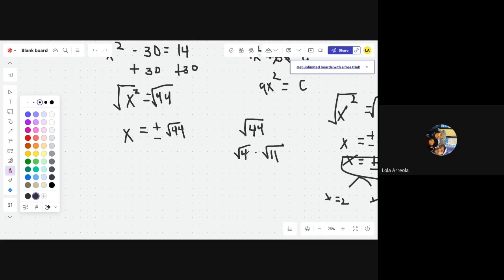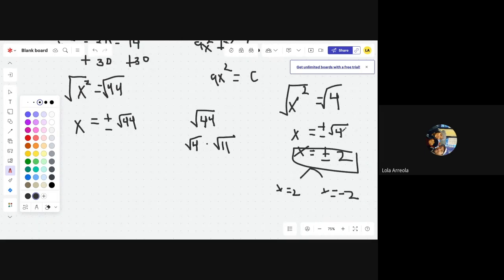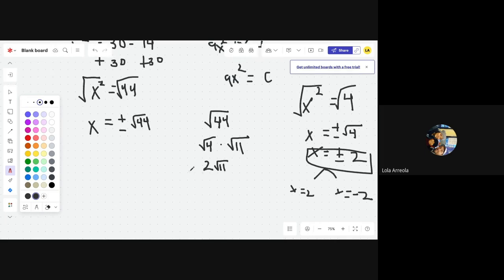The reason I chose 4 and 11, and I think those are the only 2 factors of 44 that I could think of at least. Yeah, 22 times 2 is another one, but that one's not going to help me because I want a factor that is a perfect square. So the reason I chose 4 and 11 is because square root 4 simplifies to a nice integer 2. So 4 is a perfect square. That's why it's a perfect factor for 44 to choose in order to simplify my square root here. Okay, makes sense?